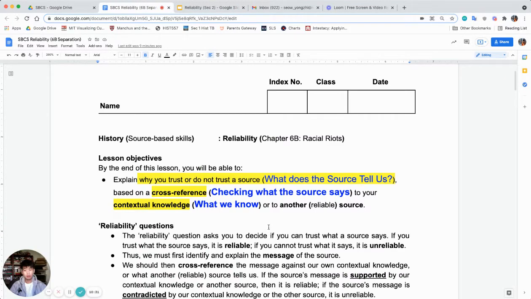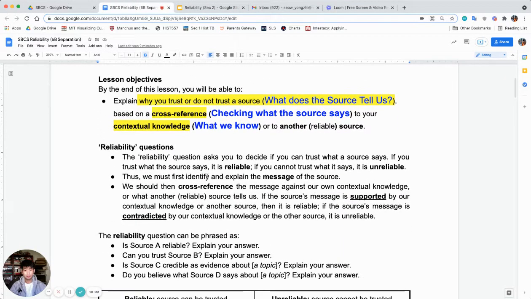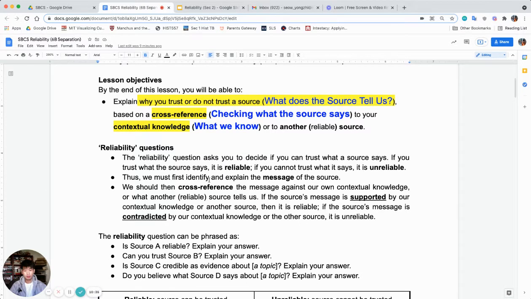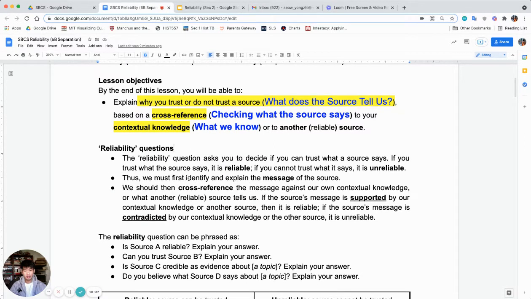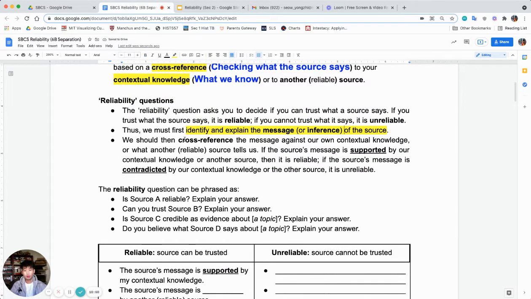We come back here now to the worksheet. So we must first identify and explain the message or the source, or message or inference. So this one depends on whether or not a focus was given to you. And then we do a cross-reference.